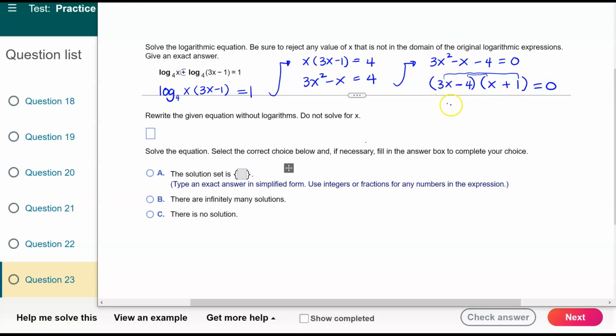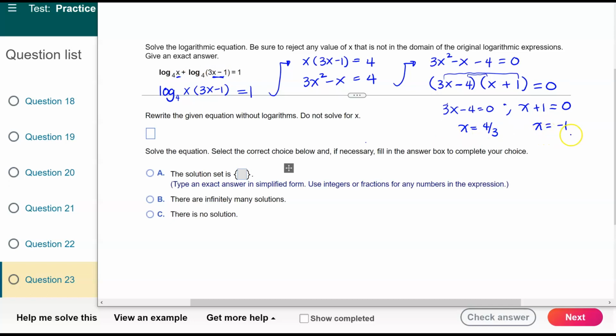So therefore, you have 3x minus 4 equal to 0, and then x plus 1 is equal to 0. So x is equal to 4/3, and then here, x is equal to negative 1. So you have two values of x. Now, before you write the answer, you go back to the original given and you make sure that each of the expressions here is positive for these values of x.